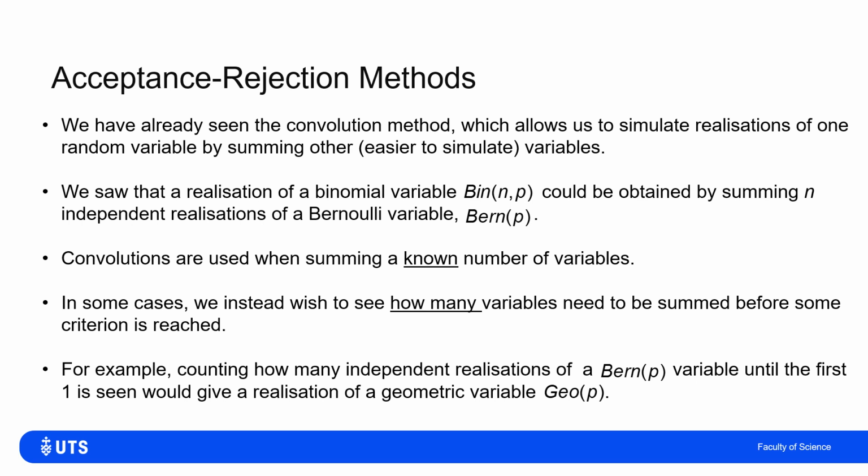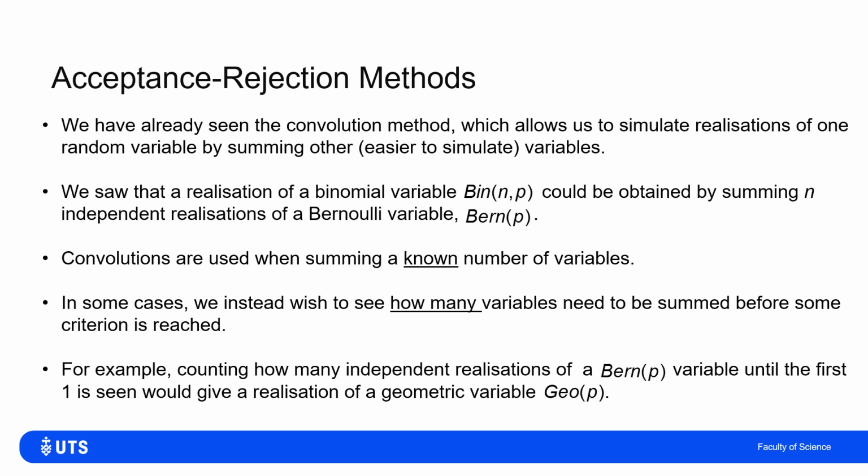We actually did see previously an example of this, with a geometric random variable. I can think of a geometric random variable as being, for example, with coin flips, how many times did I flip the coin until I first saw heads? Heads first time would tell me the geometric is 1. Tails then heads would tell me the geometric is 2. Tails, tails, tails, heads would tell me the geometric is 4.